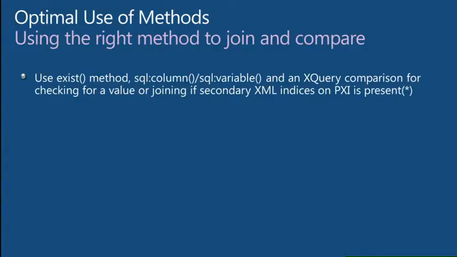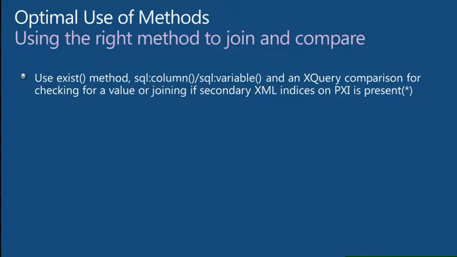If you have a primary XML index with a secondary XML index defined on that, then it actually makes sense to use the exist method, importing the relational data into your XQuery context. If not, then you're probably faster using the value method doing the join in the relational context.